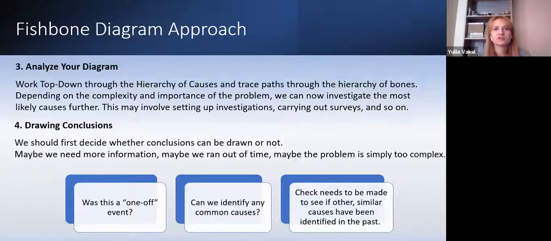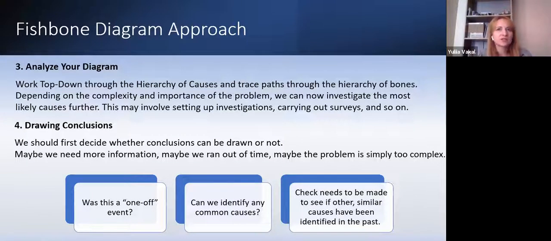Once you're happy with your root causes and your analysis, you should draw conclusions. We should first decide whether conclusions can be drawn or not. Maybe we need more information, maybe we ran out of time, maybe the problem is too complex.